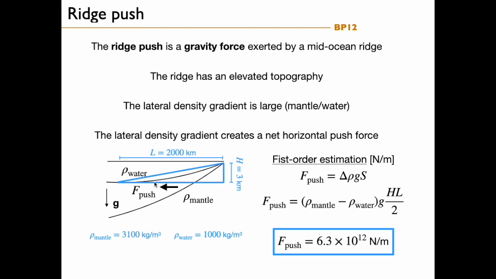We approximate the shape of the ridge by a triangle, so the surface is h times L divided by 2. If we plug in these typical numbers, we obtain a push force on the order of 10^12 Newton per meter.